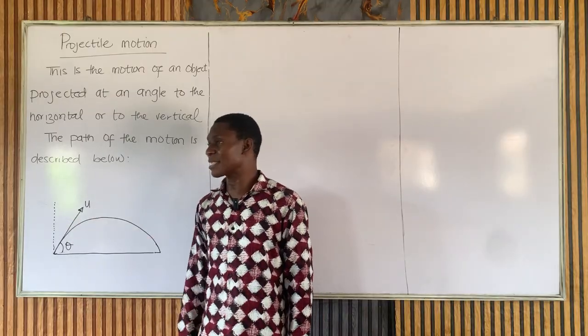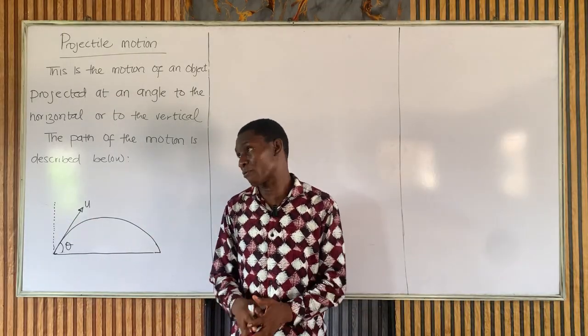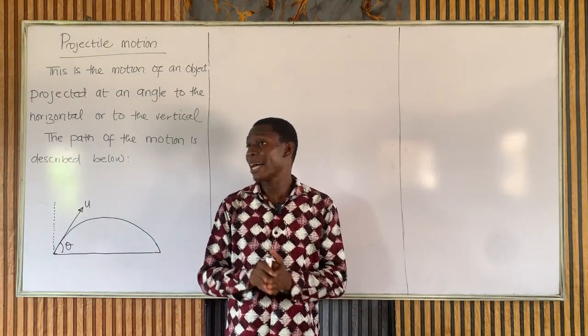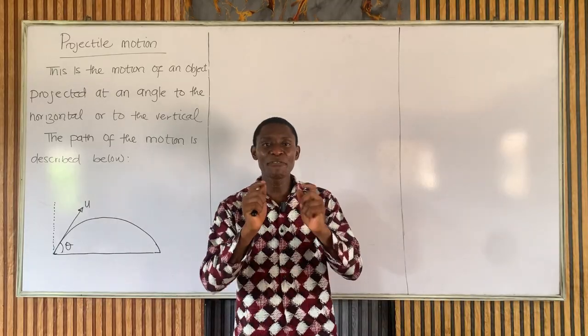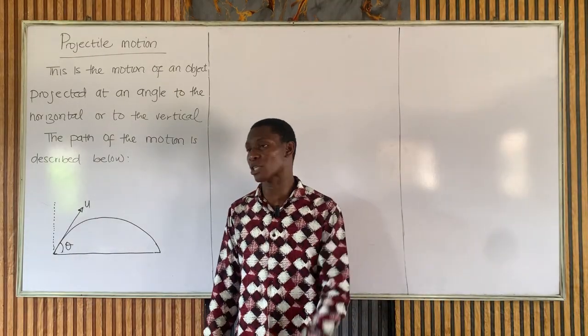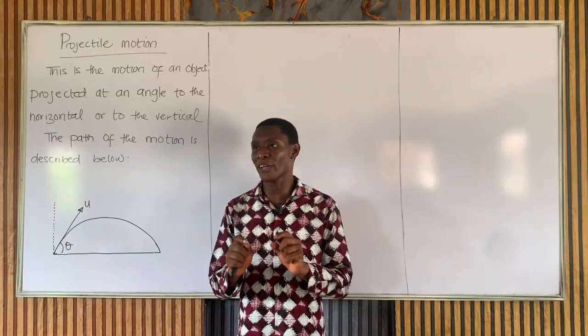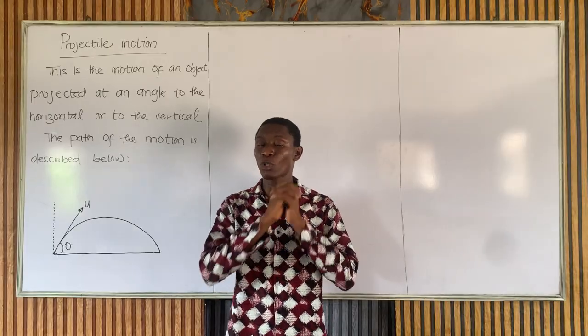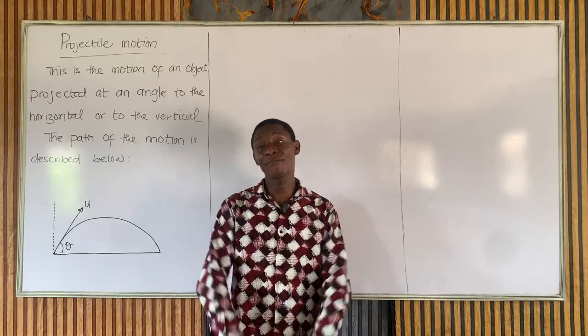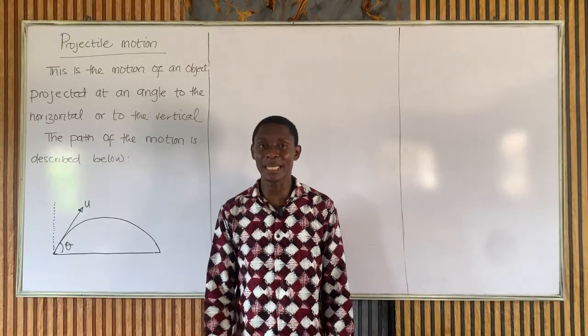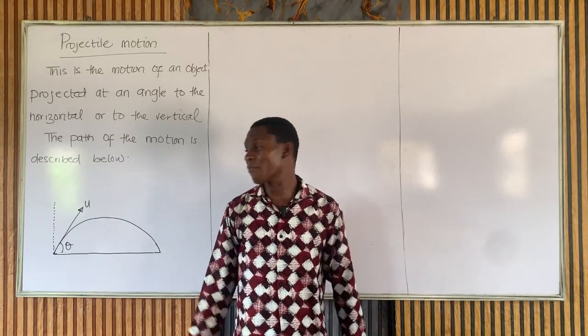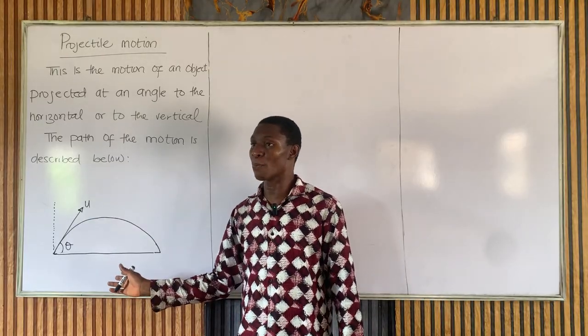Now, this velocity can be resolved into horizontal and vertical components. If you followed our class on motion, you will realize that we've been able to classify motion into horizontal and vertical.